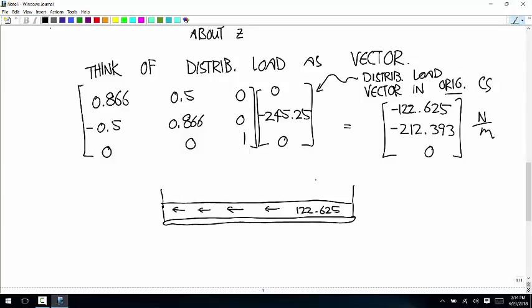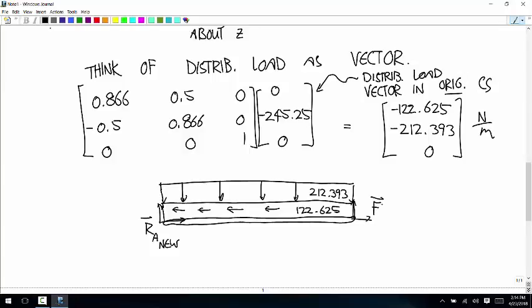And we have a vertical component that's down with a magnitude of 212.393. And then we have these things, I'll call this RA in the new coordinate system and some other F in the new coordinate system. We'll come back and do a problem where we deal with those.